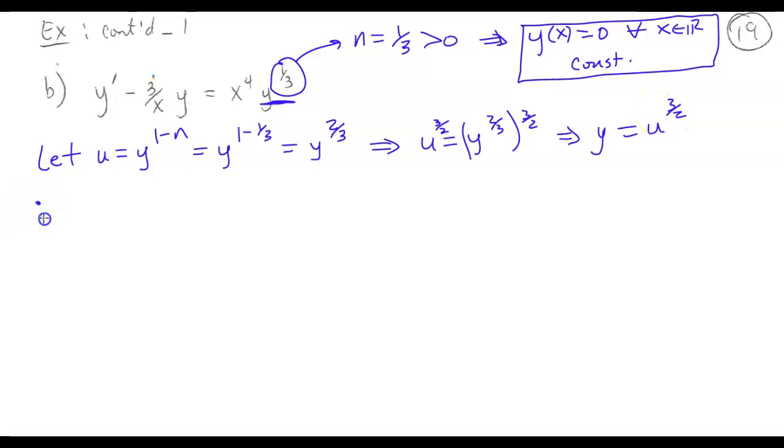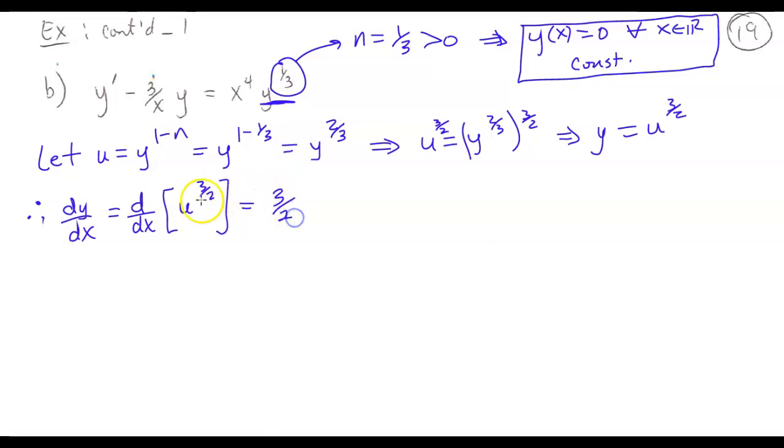So now that we know what y looks like, we also need to figure out what dy over dx looks like. And remember here that y is written in terms of u, and since these variables don't match, we have to utilize the chain rule.